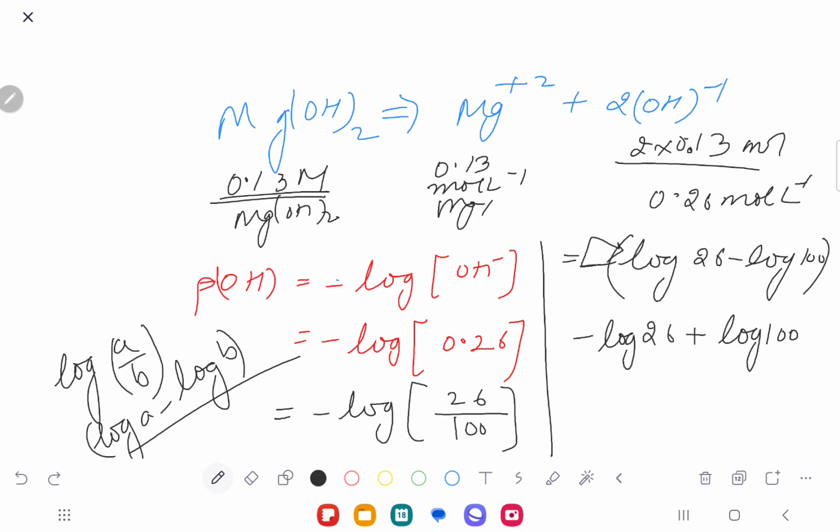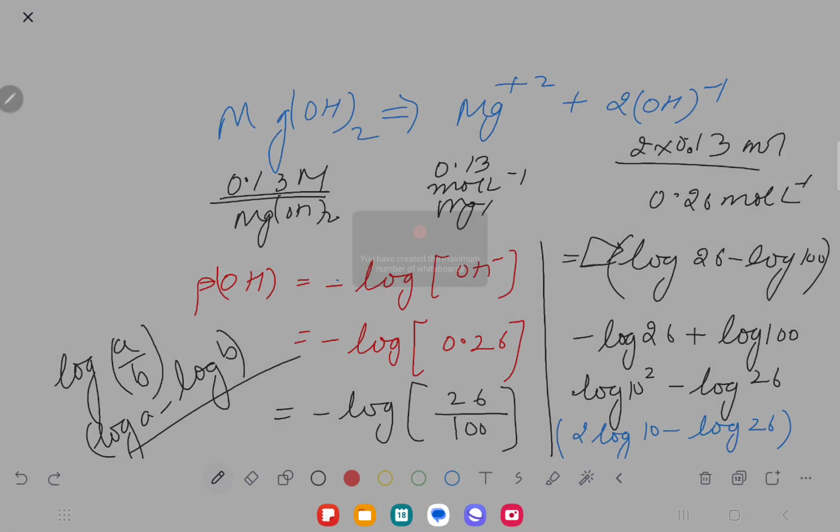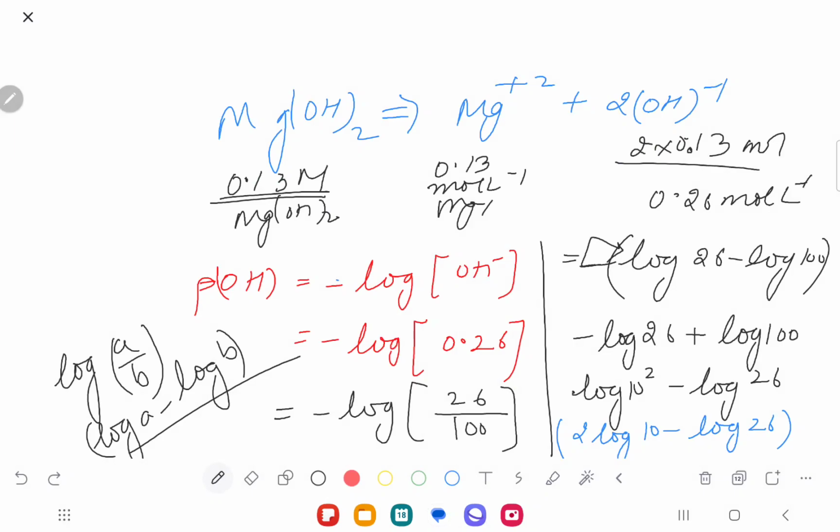So log 100 is what? 10 square. Log of 10 square minus log 26. So it is going to become 2 times log 10 minus log 26. And 2 times log 10 is 2.